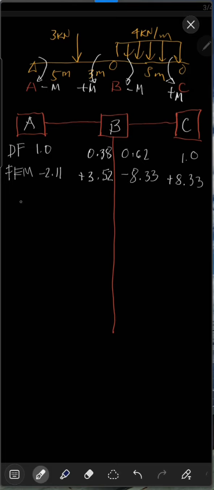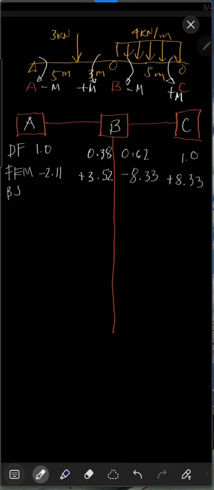Okay, so next is balancing the joints. By balancing the joints, you multiply the FEM by the distribution factor, then change the sign.